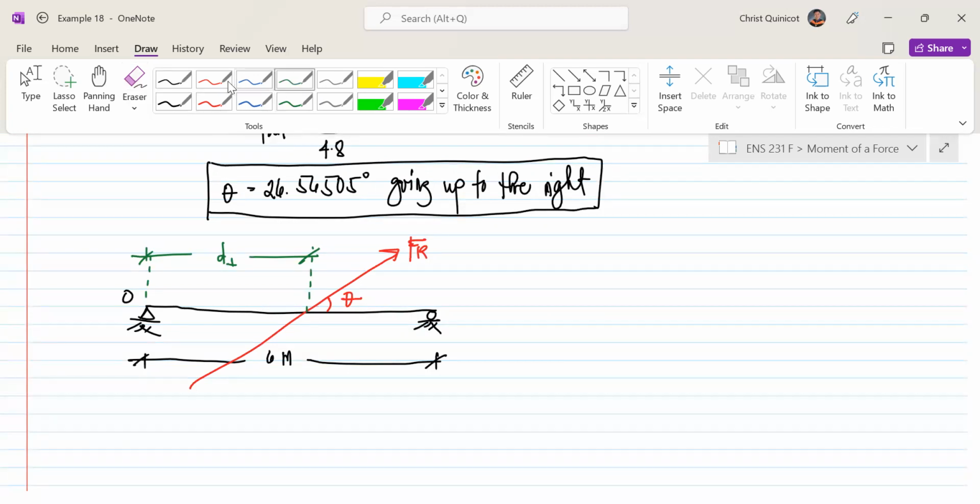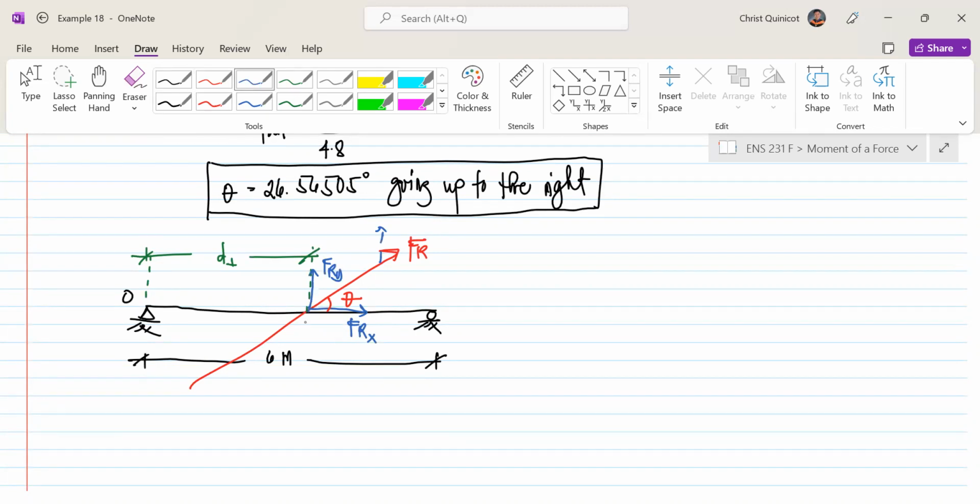So we can resolve our force into F sub Ry and F sub Rx. We are only concerned with the point where our force passes through the beam.